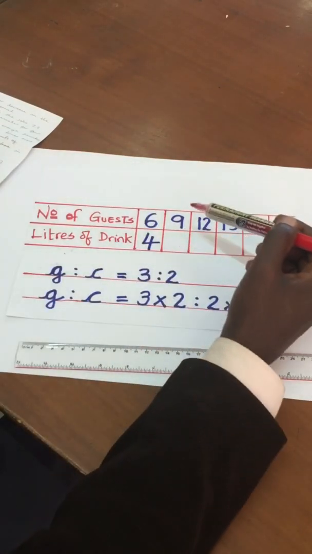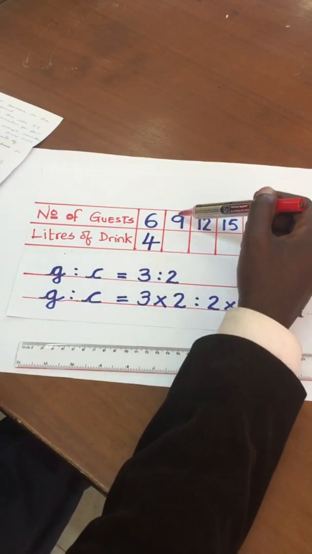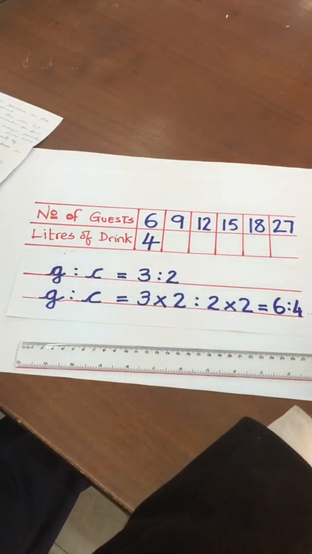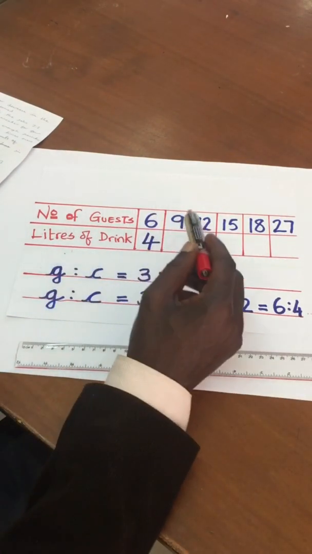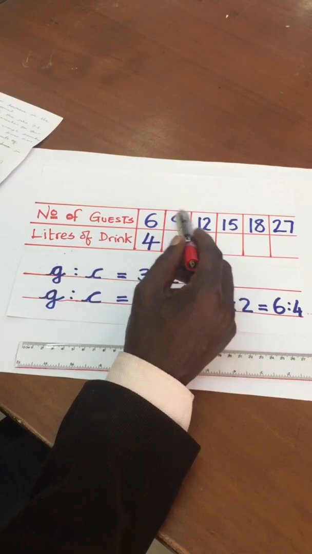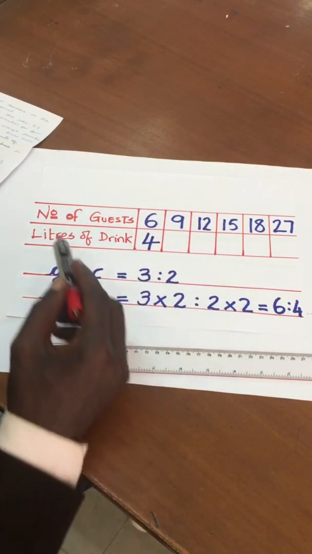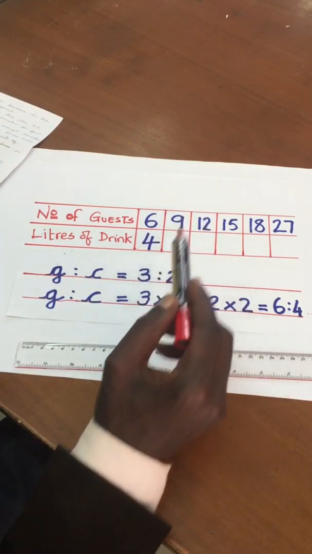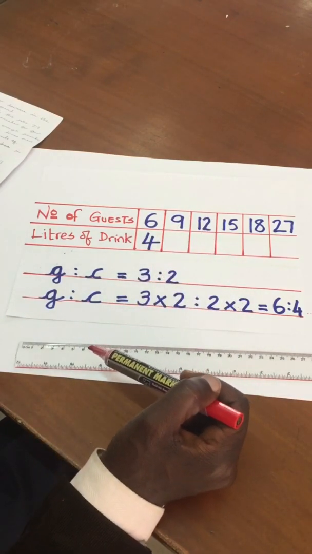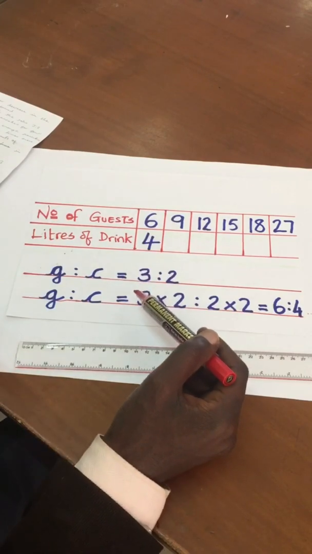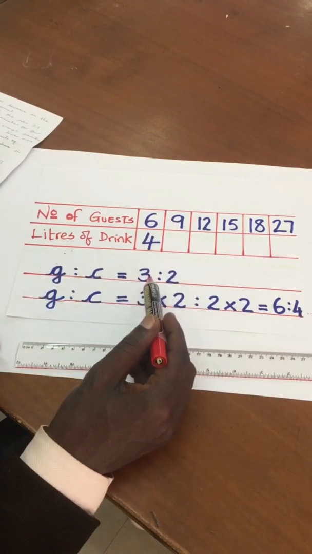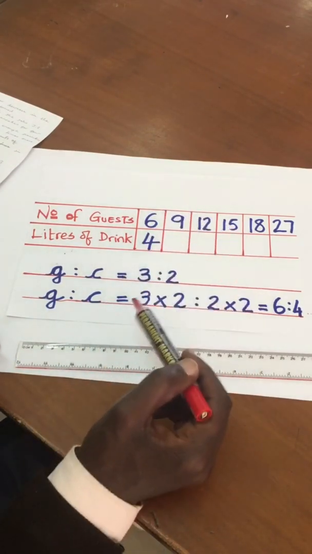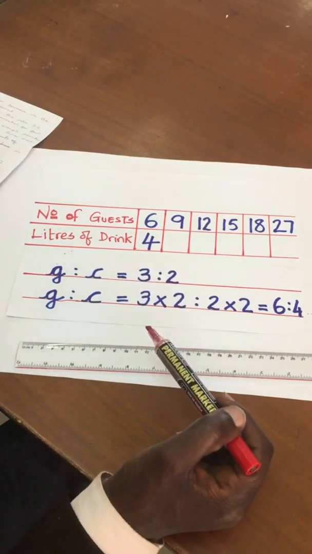Getting to the other column here, if the number of guests increases to 9, then how many liters of cold drink will be needed for those guests? So we should find a number that when we multiply by 3, it gives us 9. So what number is that?